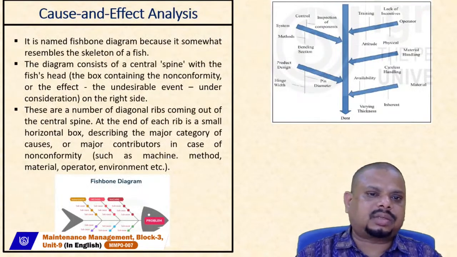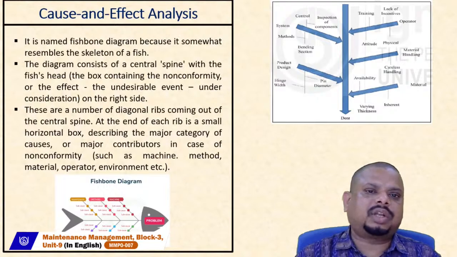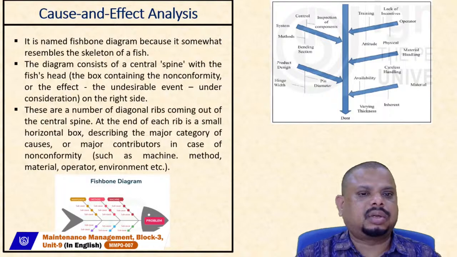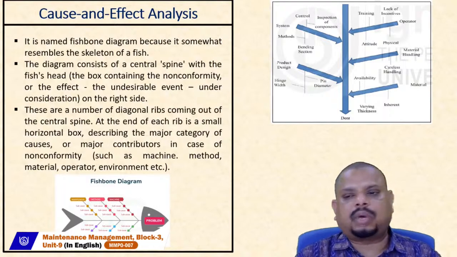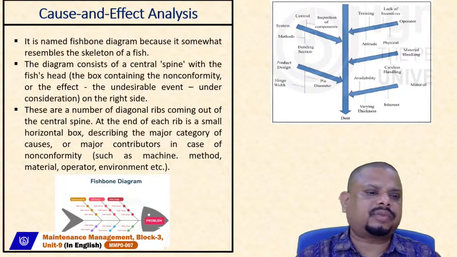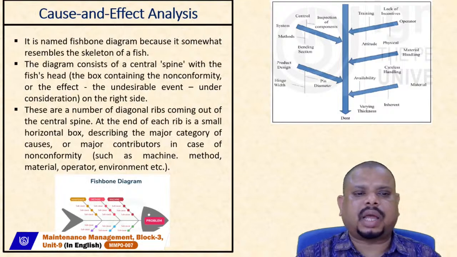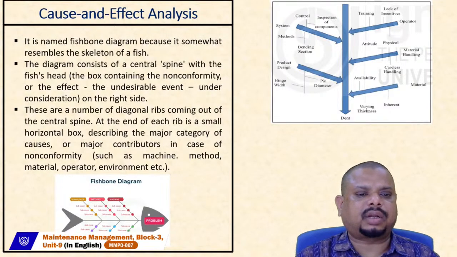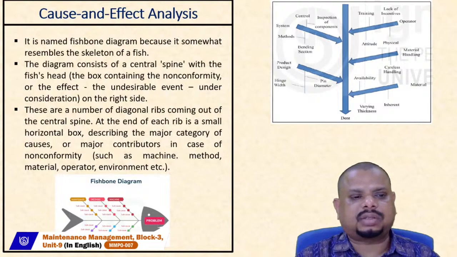Let's understand the next philosophy, known as cause and effect analysis, which is also known as fishbone analysis. It resembles the skeleton of a fish, which is why it is known as fishbone analysis. The diagram consists of a central spine with the fish head, that means the box containing the non-conformities or the effect, the undesirable event under consideration, on the right side.